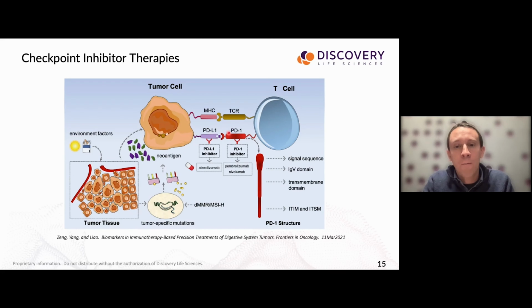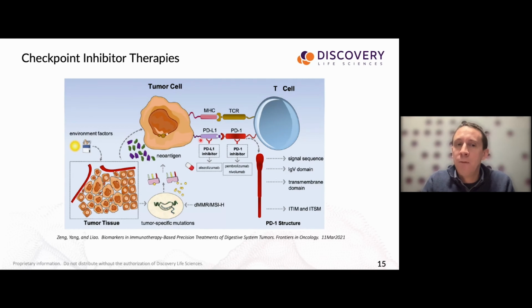Within the tumor, there is expression of the ligand for PD-1, which is PD-L1. This can be expressed on tumor cells as well as other cells within the tumor microenvironment. The interaction of PD-1 with PD-L1 on these tumor cells turns these T cells off. They can't actually kill the cell that they're targeted against.